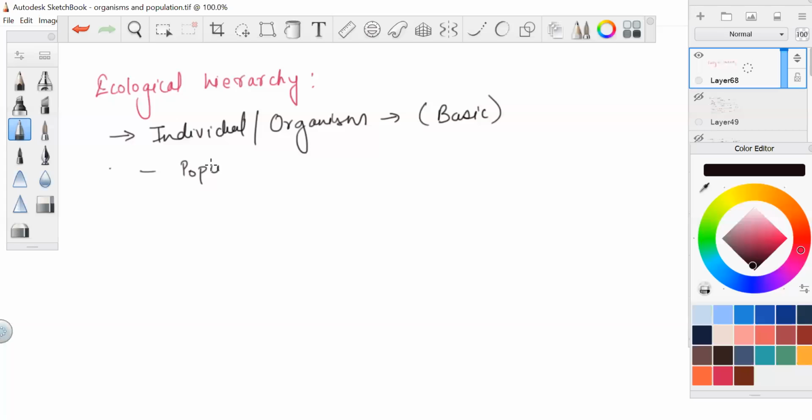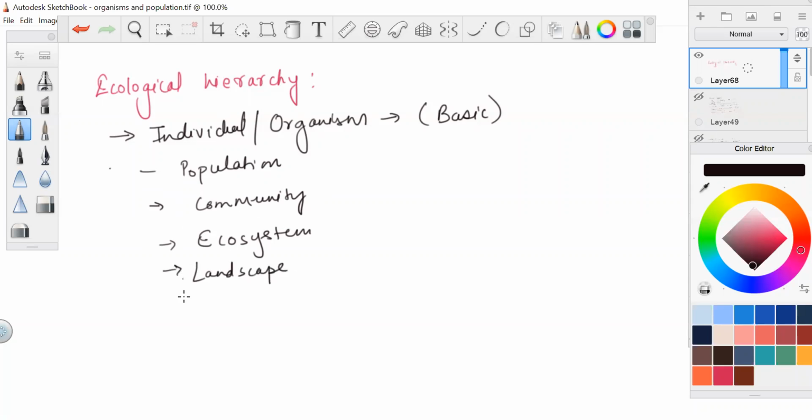Then population, community, ecosystem, landscape, biome and biosphere.